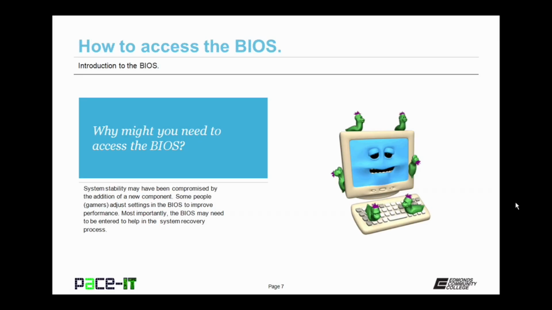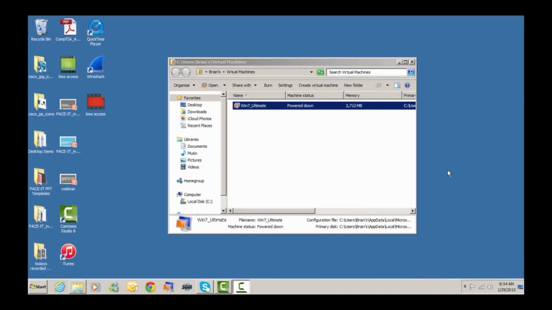So let's access a BIOS now. For the purposes of this demonstration on how to access the BIOS, I'm going to be using a virtual machine, a VM, that's on my laptop. The BIOS for this virtual machine is pretty basic, but it will work for the purposes of this demonstration. So let's go ahead and fire up this virtual machine.